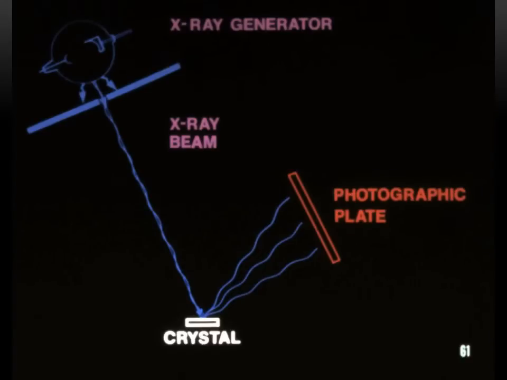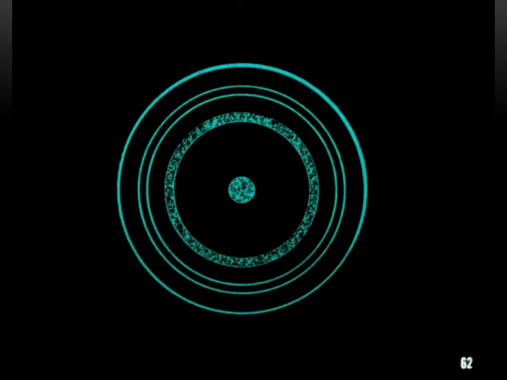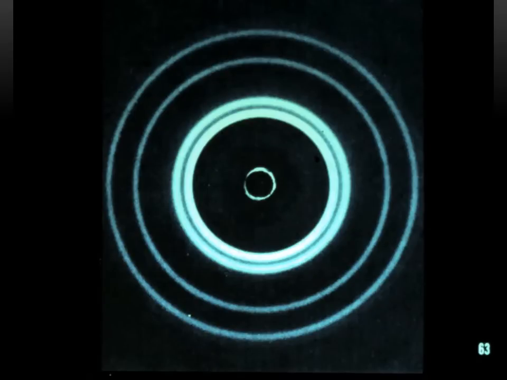A photographic plate will detect and record these reflected X-rays. The final result, known as a diffraction pattern, is produced by the constructive and destructive interference of the reflected X-rays with each other.